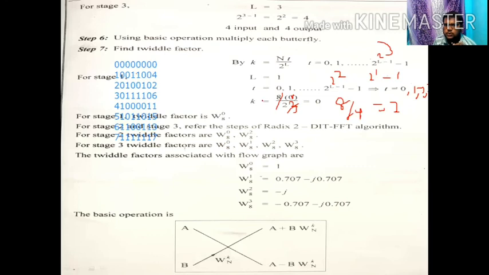Next you substitute 2, so 2 times 8 divided by 8 gives k equal to 2. Next you substitute 3, so it becomes 3. So totally 4 twiddle factors are required, that is W8 power 0, 1, 2 and 3. All 4 twiddle factors come at the third stage.